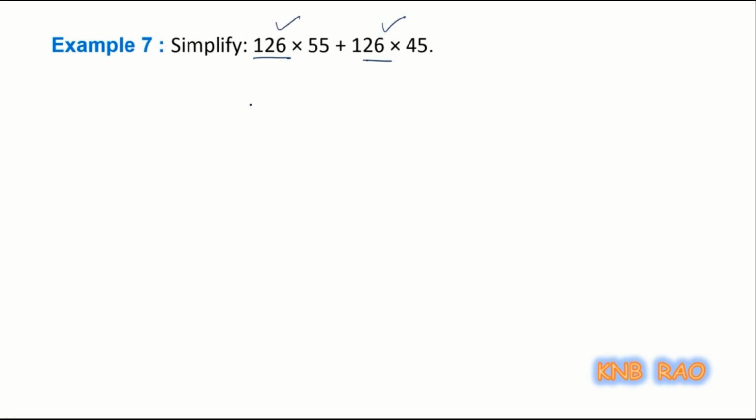So I can do this by taking 126 common out. Now I am left over 55 in this first one. I will write within bracket plus here when 126 multiplied is coming out, 45 is left over inside of that bracket.